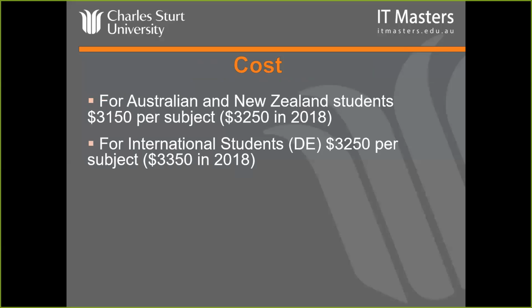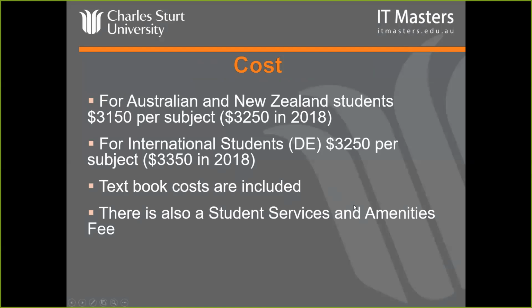Now it's not a trivial cost, obviously, but you also need to bear in mind the return on investment for these awards. Also keep in mind that any textbooks that you need as part of the course are supplied. So typically all the resources that you need in terms of books and software is supplied unless otherwise stated within your subject.